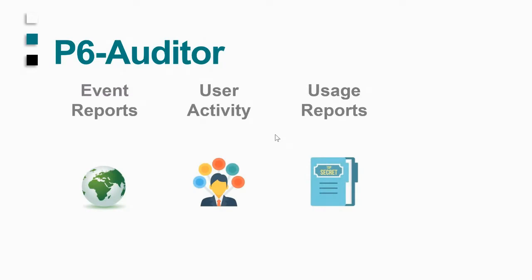So the tool audits events. Things that we would call an event are an add, a delete, an update, or edit would be another way to think of an event. And that would be on all sorts of different parts of the software. Sue will show that in detail, but things, as we mentioned, like calendars. Did someone change any of the main calendars?